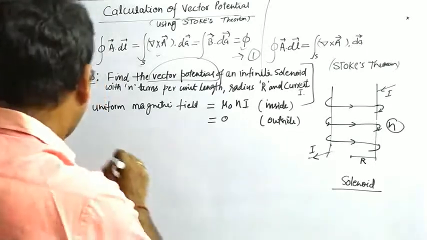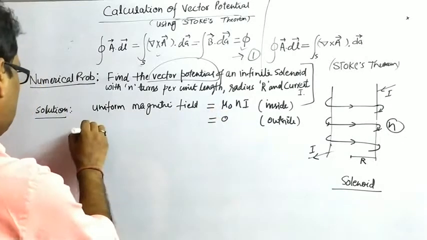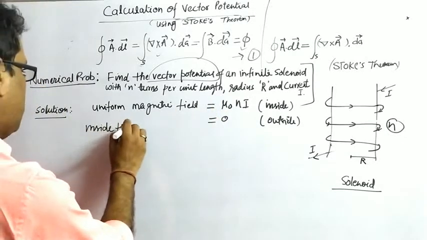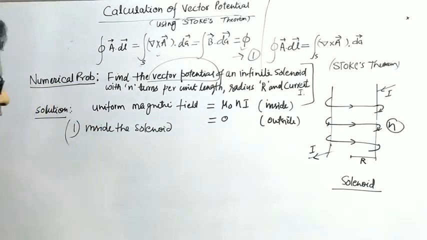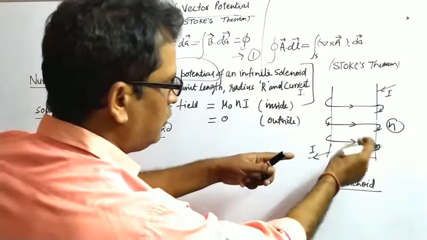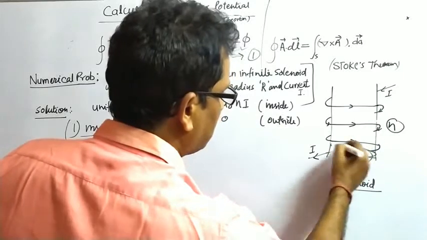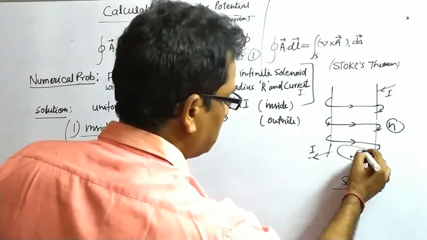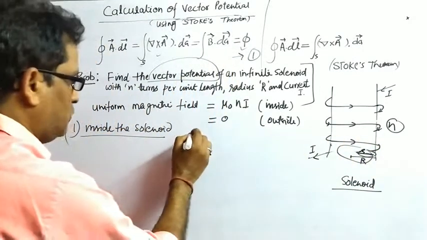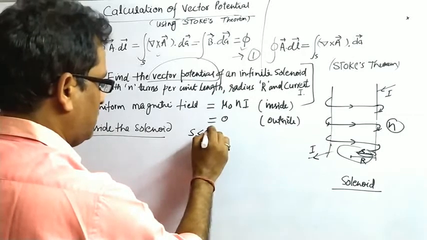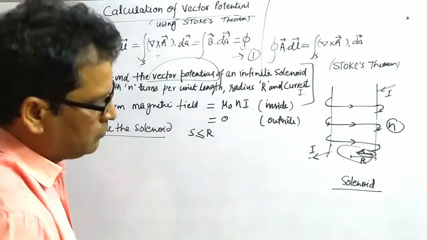So if I take the case of any point that lies inside the solenoid, if I consider a loop of a small radius, say let it be s. So s is less than R, or it could be even equal to.